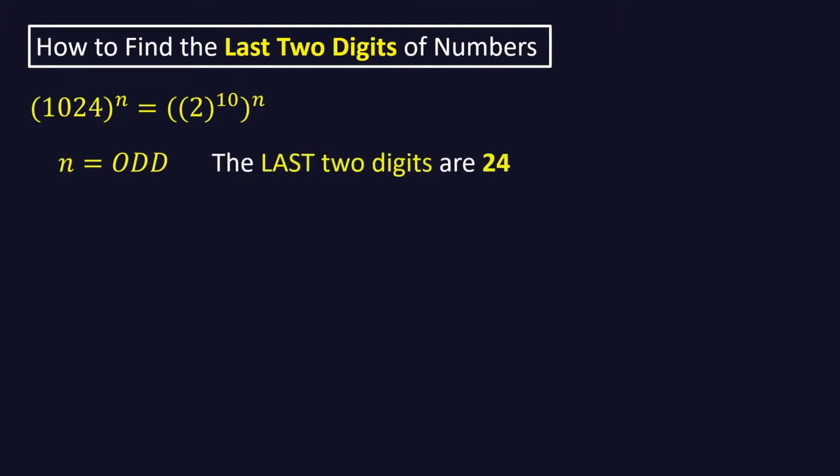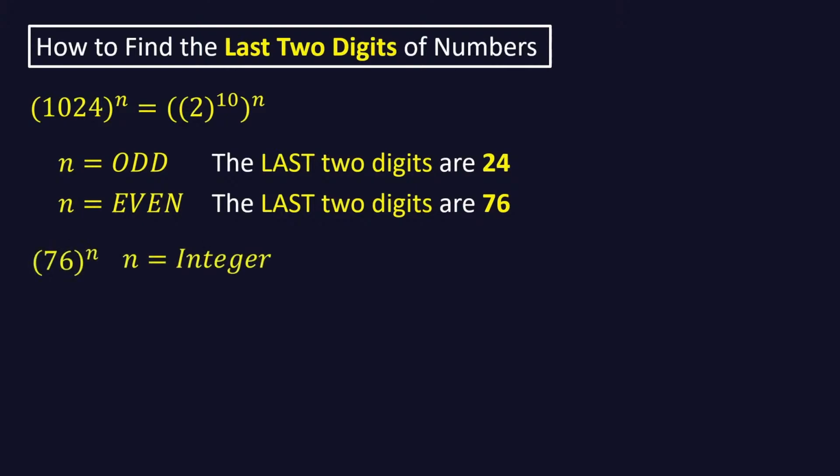And if n is even, the last two digits will always be 76. More interesting thing is that if I take 76 and raise its power to an even or odd exponent, the last two digits will always be 76.